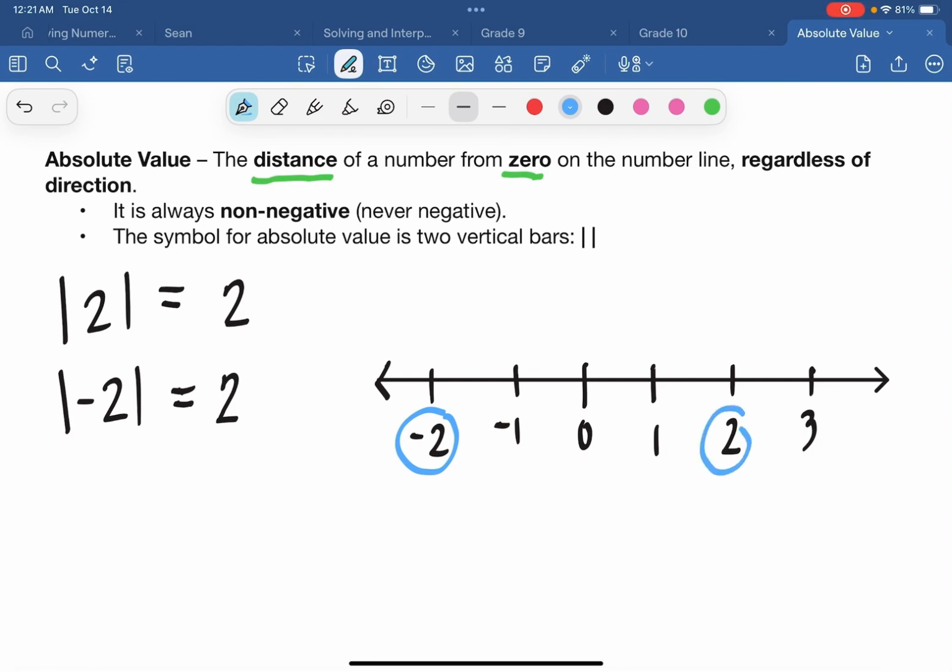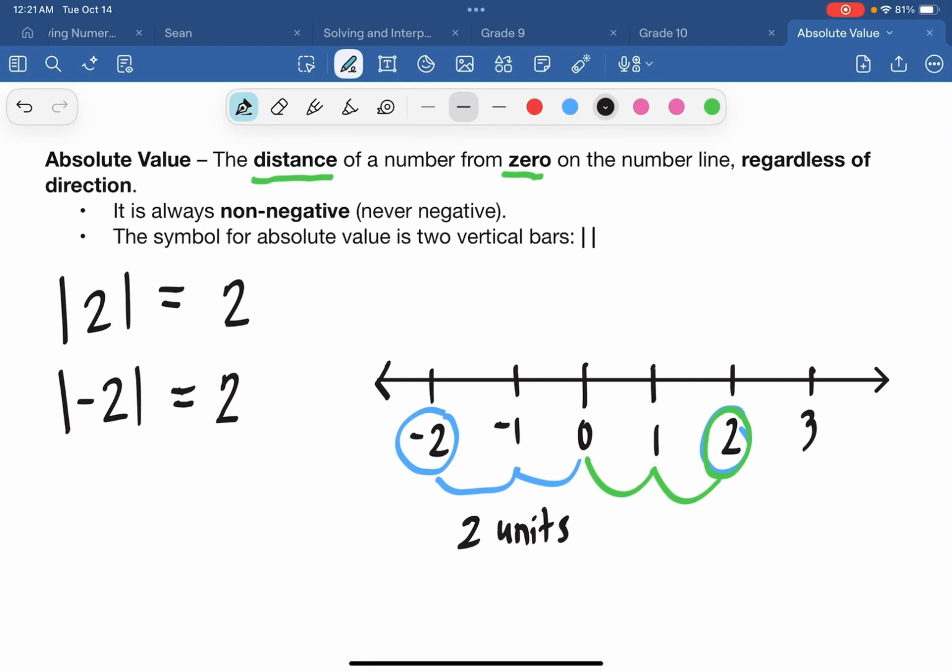So if you have here 1 unit, 1, and if you have here 1 and 2, that means we jumped 2 units from 0. Similar thing on the other side, we have here 1 and 2.